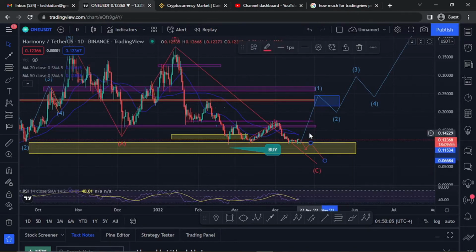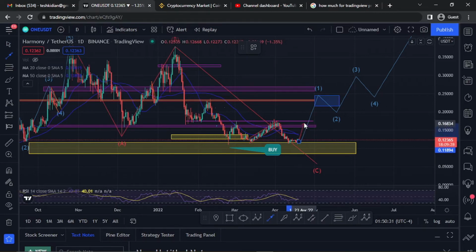The other key scenario that can play out on this chart is that Harmony One, now that you have supported around the $0.11 mark, that support will continue holding, and we will manage to have a bounce to the upside from that support, go above the 20-day MA and the 50-day MA, and they give us support.